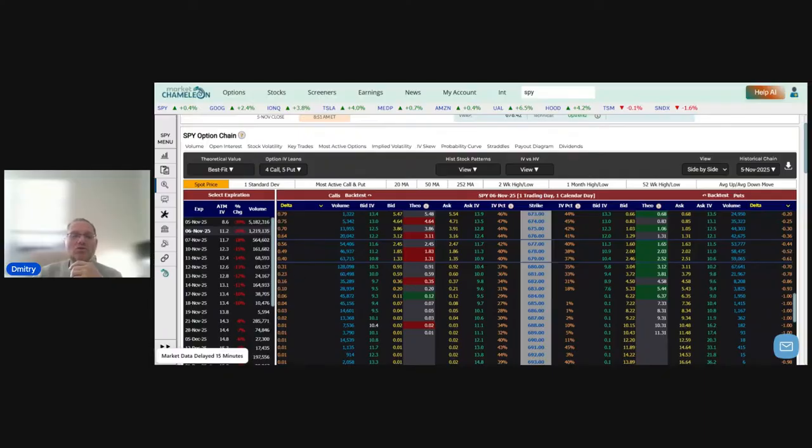Here's a 31 delta, right? 31 delta for a price of an option of 92 cents. So just because there's more dollar value, because the expirations are different and implied volatilities are different, the dollar value or the volume doesn't necessarily translate to a bigger or smaller delta. There's lots of factors in it.